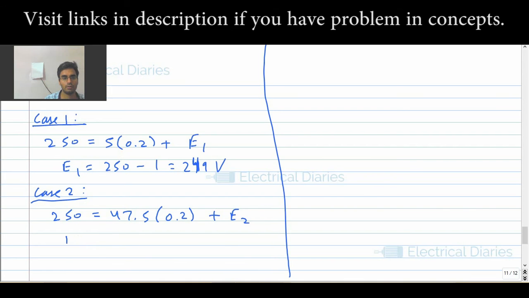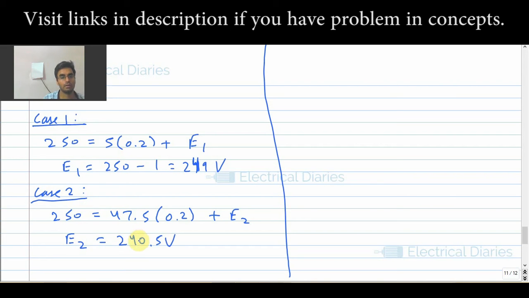So E2 will come out to be, let me calculate, 47.5 into 0.2 is 9.5. 250 minus 9.5 is 240.5. So E2 will come out to be 240.5 volts.